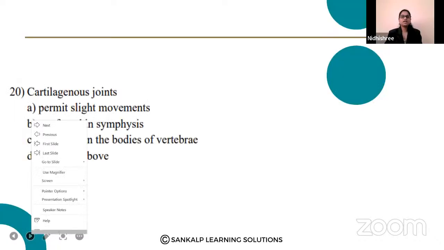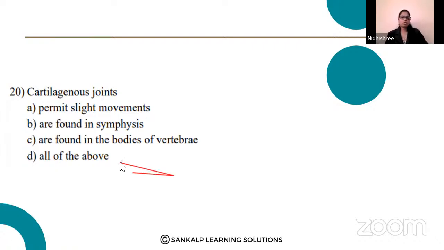Next, cartilaginous joints. Option A, permit slight movements. Option B, are found in symphysis. Option C, all of the above. Just answer me what is the answer.